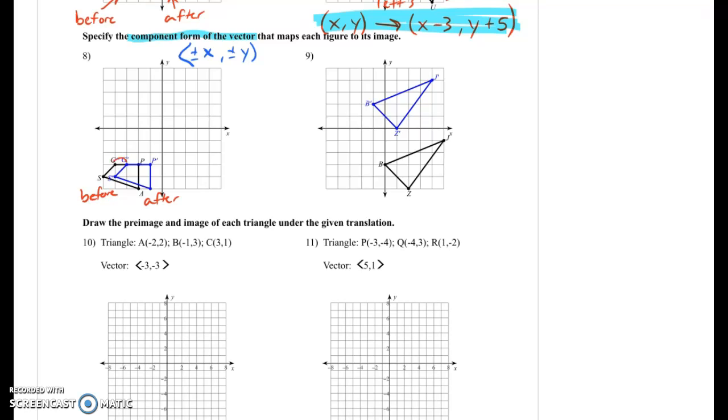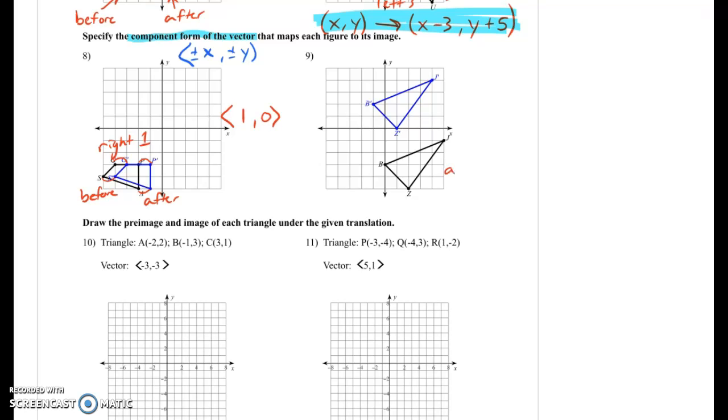All I did was shift my point 1 letter to the right every single time. So it's just to right 1. So my vector would be a positive 1 on the x and a 0 on the y.